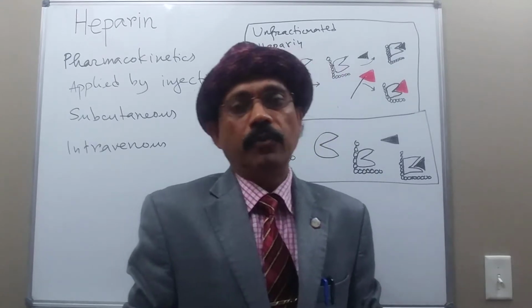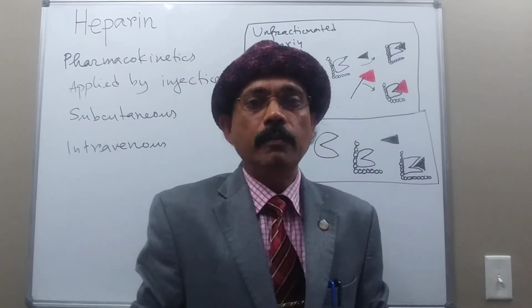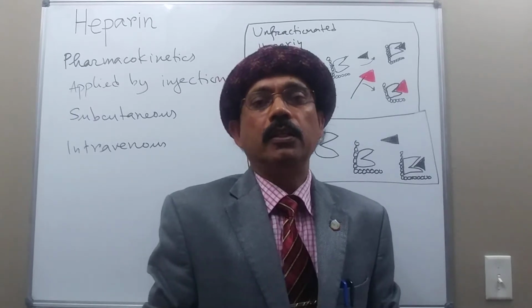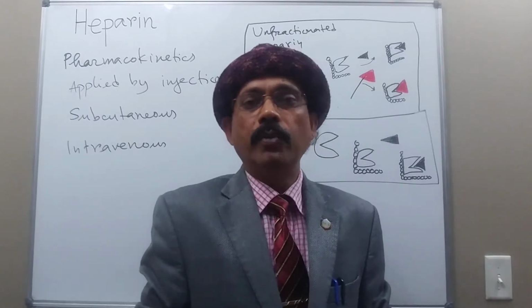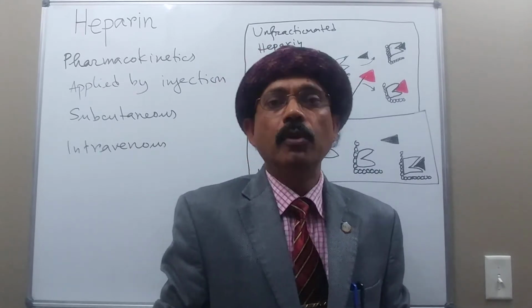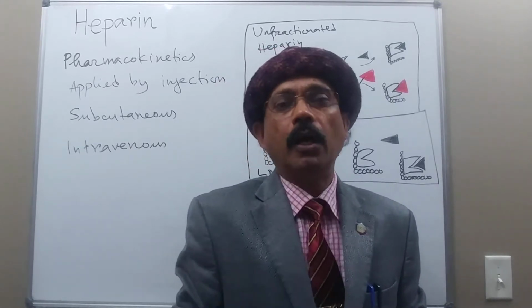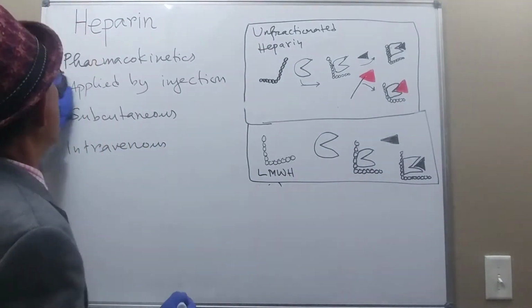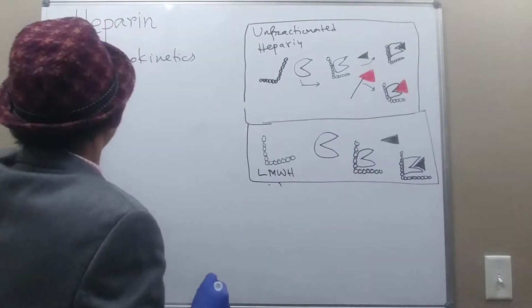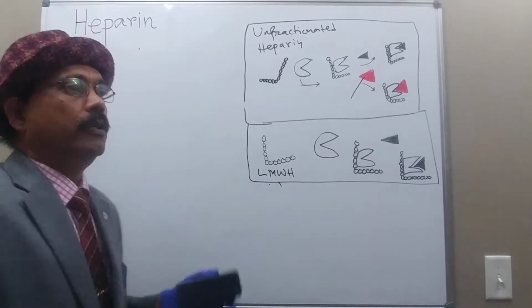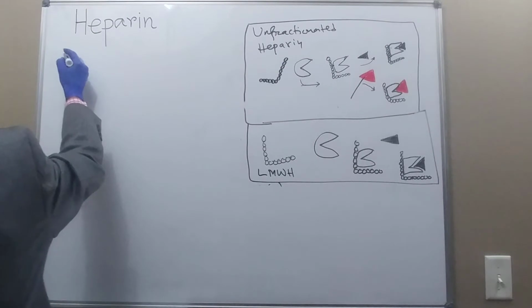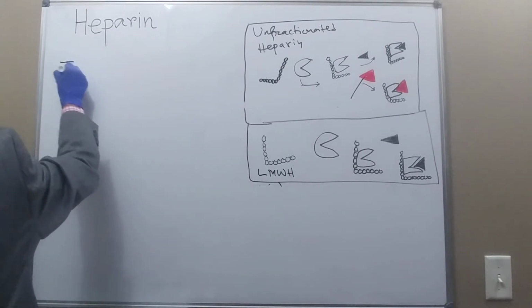Also, it is excreted through the urine, so if the person has renal failure, the medication will stay in the system for a long time, with a high half-life. We got the pharmacokinetics of heparin.